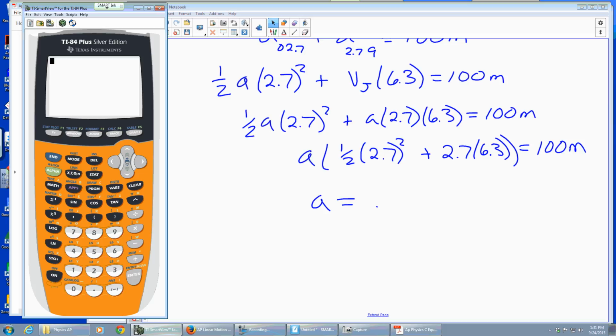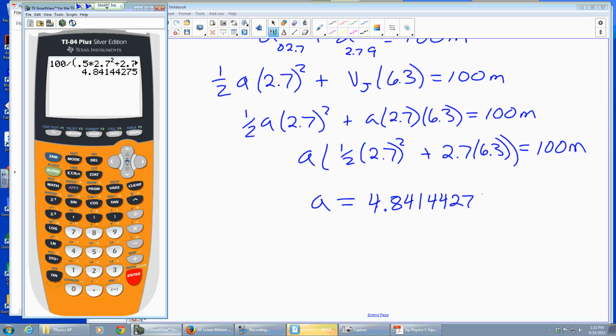I'm going to have 100 divided by parentheses 0.5 times 2.7 squared plus 2.7 times 6.3, close parentheses, enter, and I get 4.8414275, which of course I'd report as like 4.84 meters per second squared.